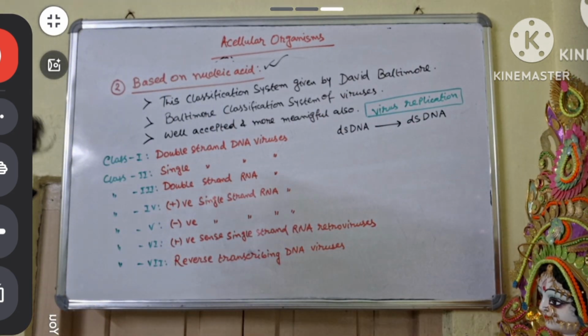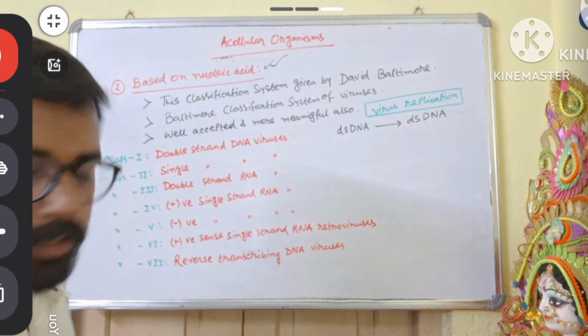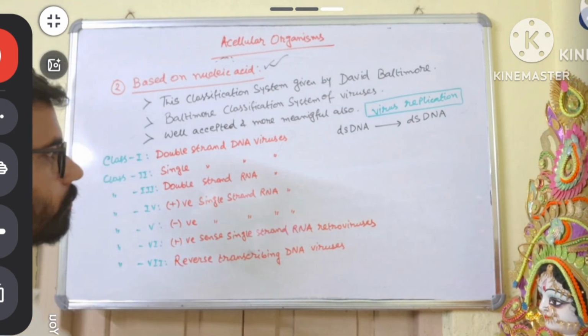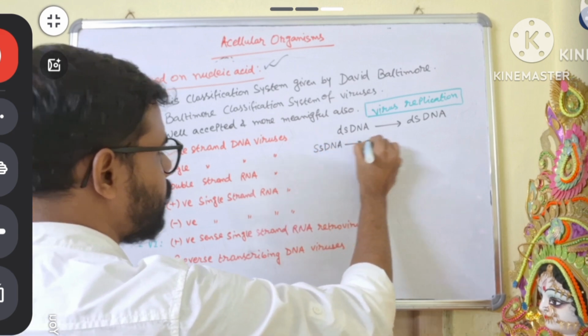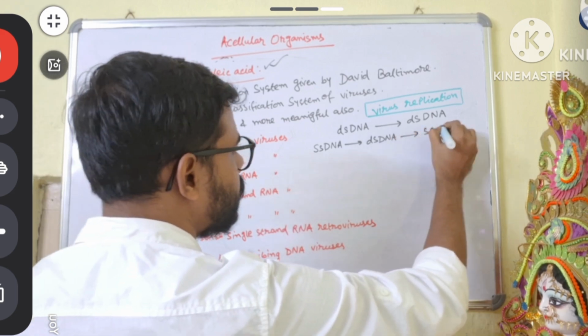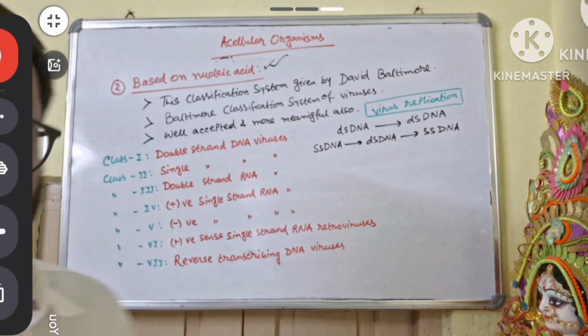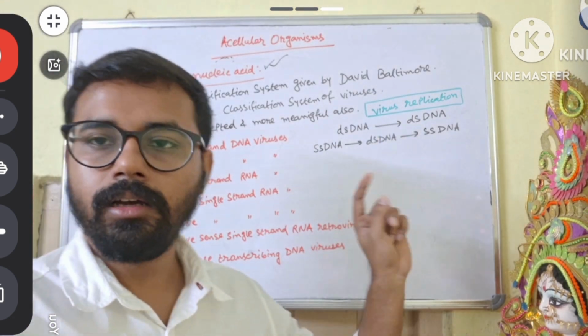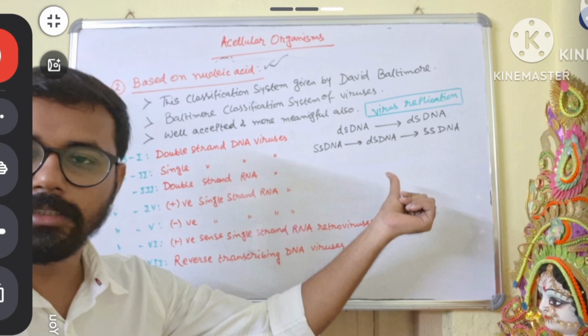Correct? But the complication is here in class 2. Here the original is single strand DNA. So how does it replicate? Single strand DNA first converts into double strand DNA. Then the DNA is separated to form single strand DNA. First ssDNA converts into double strand DNA.